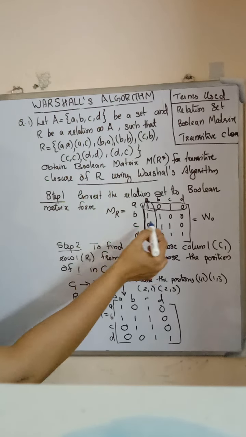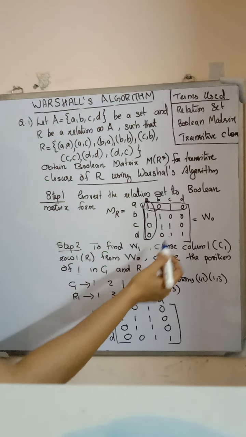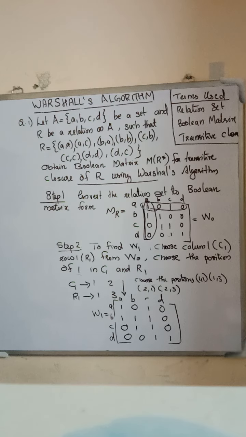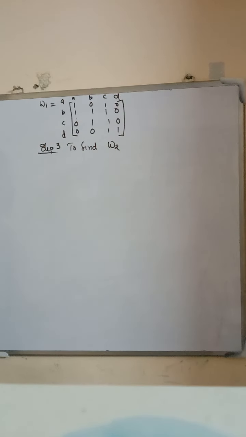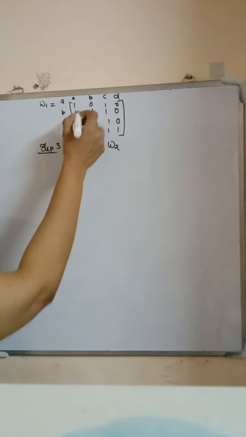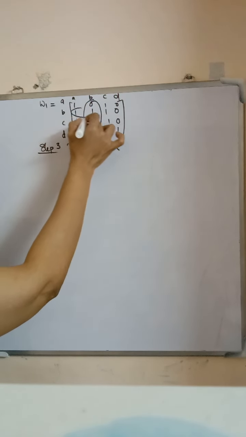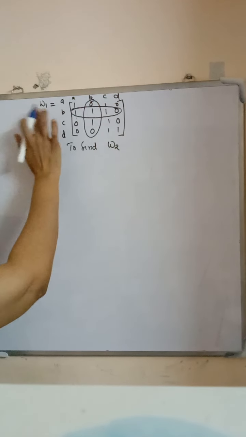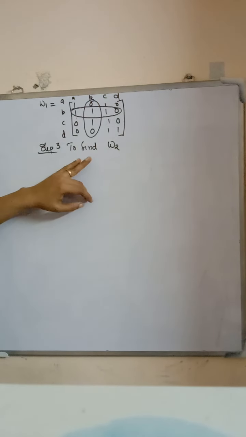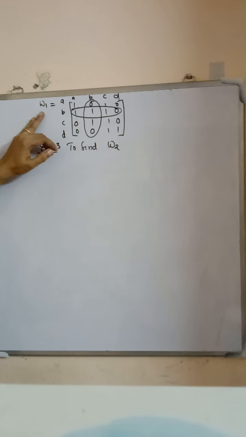There we choose the third column and the third row. To find W2, choose the second column and second row in W1. Choose the second column and second row from W1, not from W0.